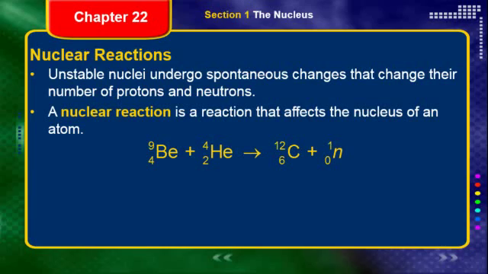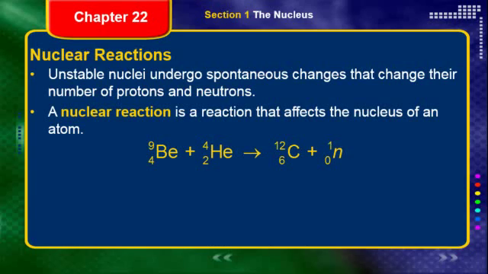Now, the most stable form of carbon is going to be carbon-12, because this is a low atomic number. This is number 6, a very low atomic number. So according to the band of stability, the ratio of neutrons to protons needs to be 1 to 1. In order to have 1 to 1, you're going to have 6 protons, therefore 6 neutrons, adding together for a mass number of 12.